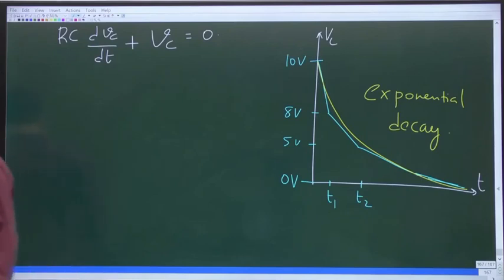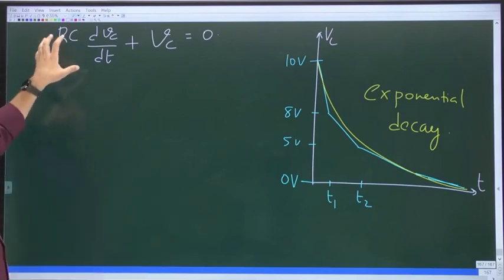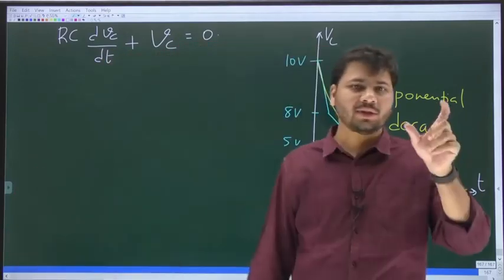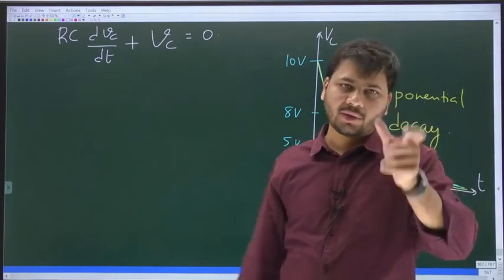Time, right? Yes. Because see, RC into dVc by dt. What is the meaning of dVc? dVc means change in voltage across the cap. dt means length of the time interval.